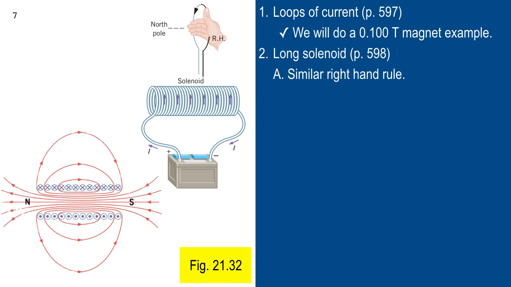I like this picture down here, by the way. That's a dipole field. One loop will form a dipole field, and the stack of loops will form a dipole field. You put your thumb in the direction of the current in any of the loops that form the solenoid, any loop in the stack.